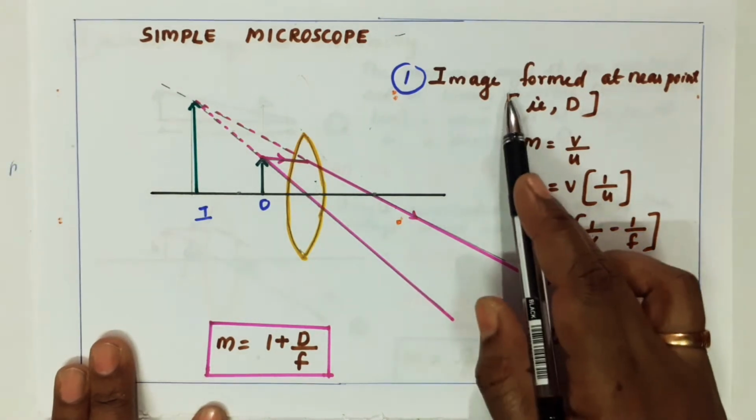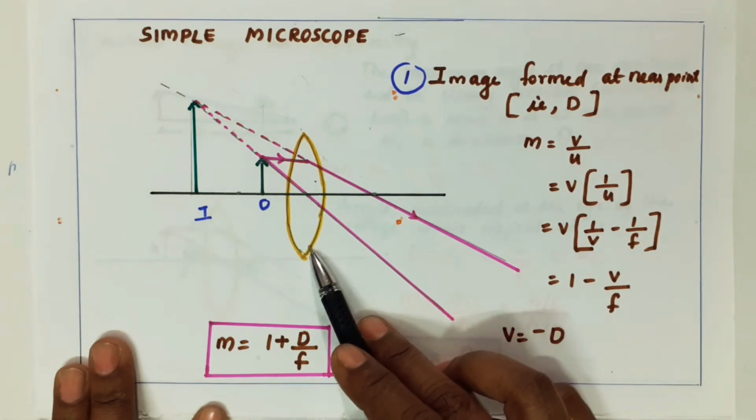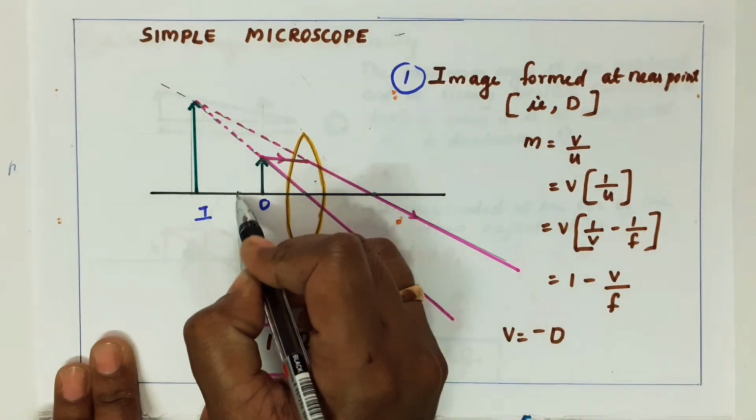So here you see, I have taken a simple convex lens. In this case, your object is placed between focus and optic center.